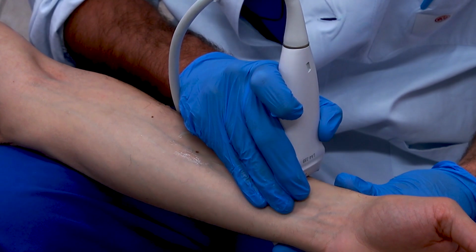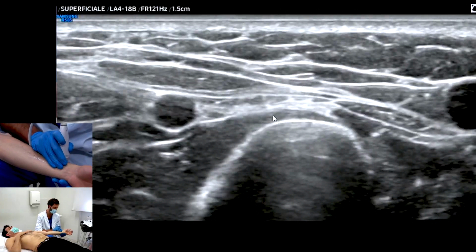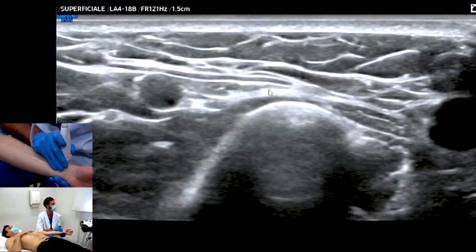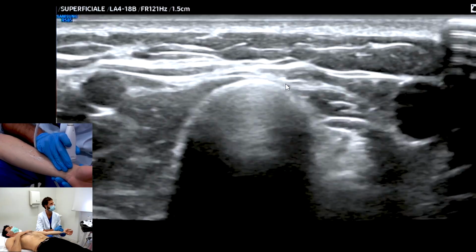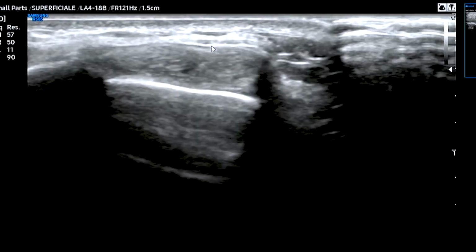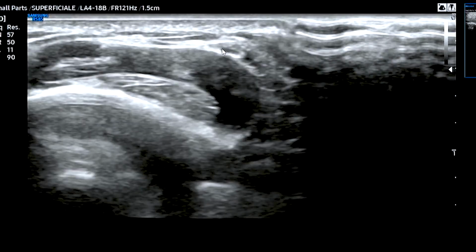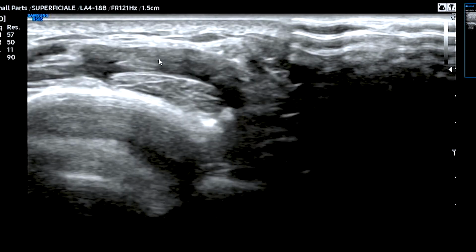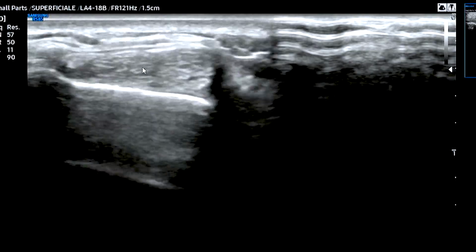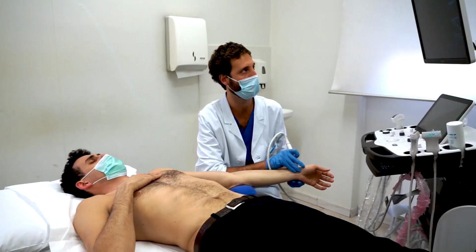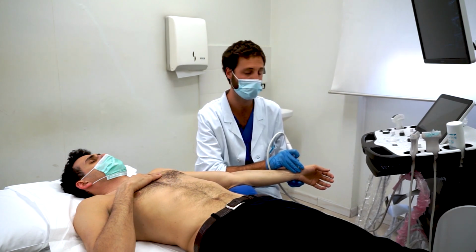Following the superficial radial nerve, you can see how the nerve tends to shift towards the dorsal aspect of the distal forearm at the level of the radial styloid. At this point, the superficial branch of the radial nerve is located between the first and second compartment of the extensor tendons and provides sensory supply to the dorsal radial aspect of the wrist and the hand.